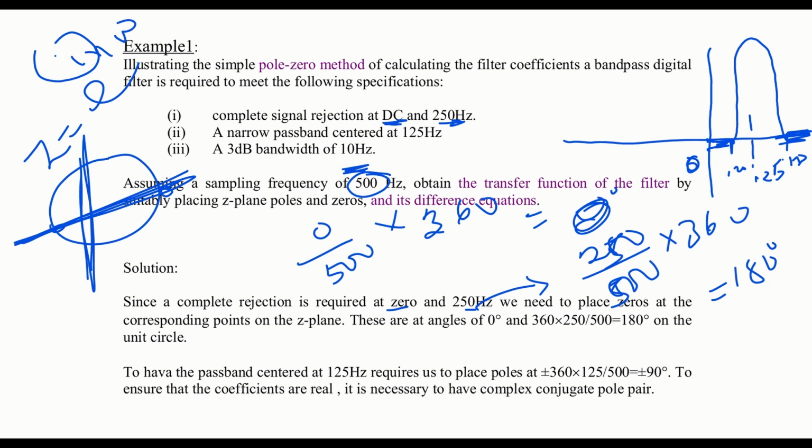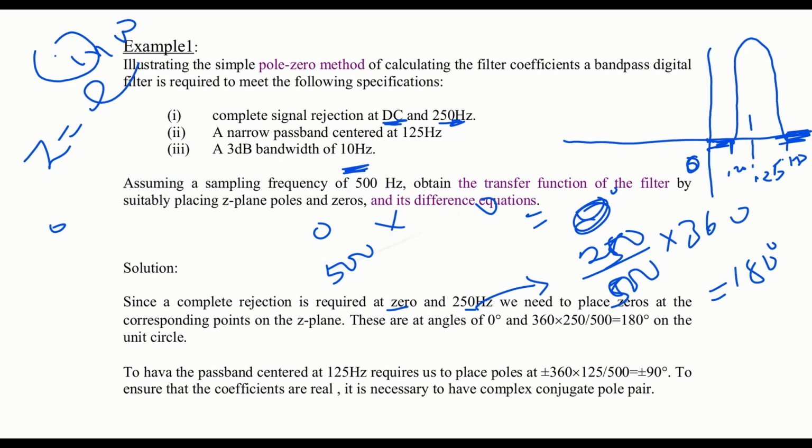So we also calculate for that, and in evaluating for that, the procedure doesn't change. We have a narrow pass band at 125 Hz, so let's calculate 125 over 500, the sampling frequency, times 360. This gives you 90 degrees.